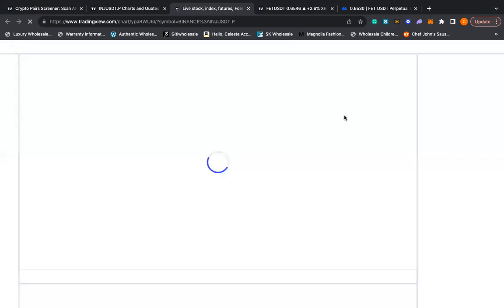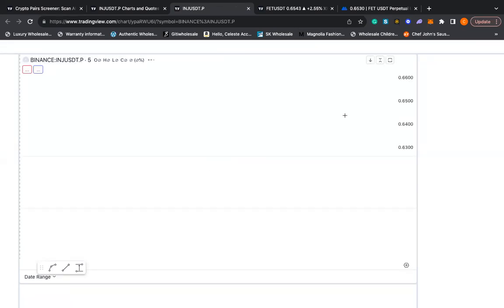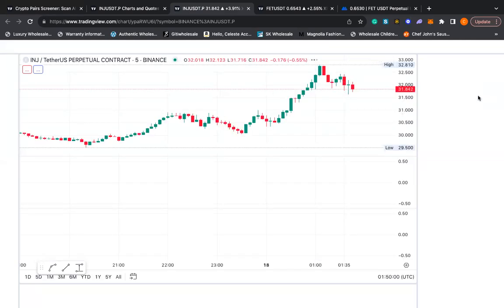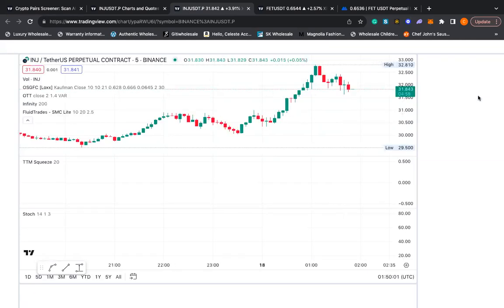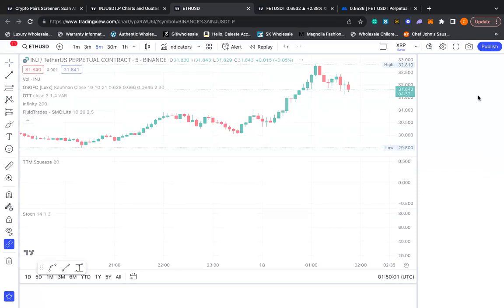When it comes down to plays like Flex or like INJ, the one I'm going into right now, you can trade those on the 30-minute chart. You can try a meme on a 30-minute chart, but trust me, it'll burn you.